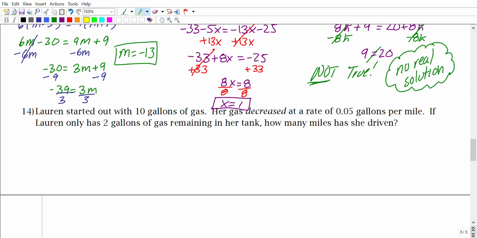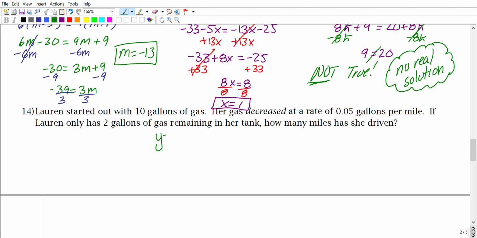All right, so let's start to think about this, guys. So, again, she started out with 10 gallons of gas. Her gas decreased at a rate of 0.05 gallons per mile. So, this is starting to look a lot like a linear function.